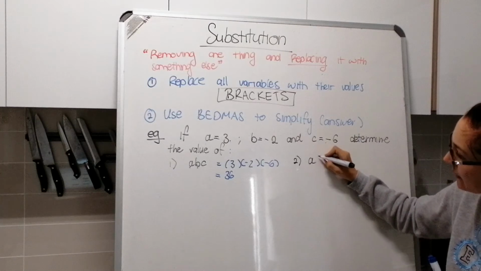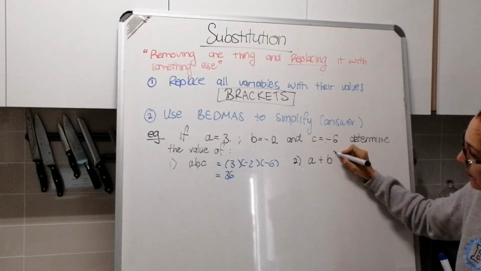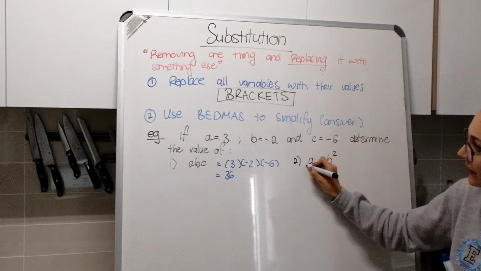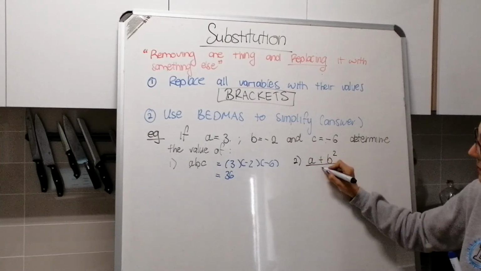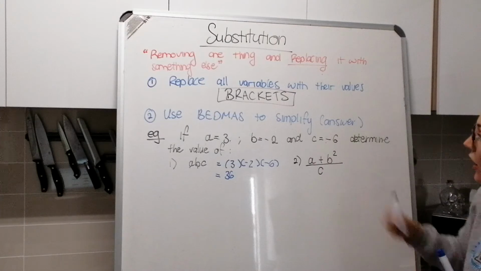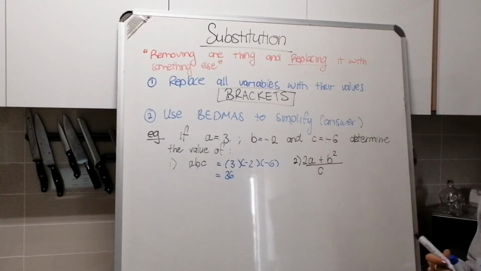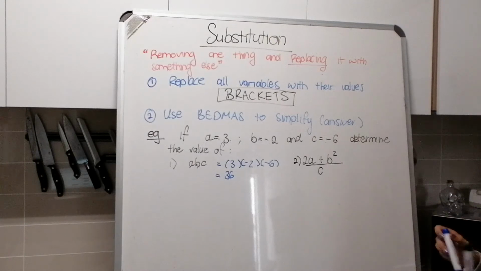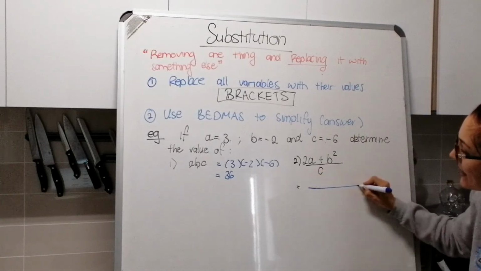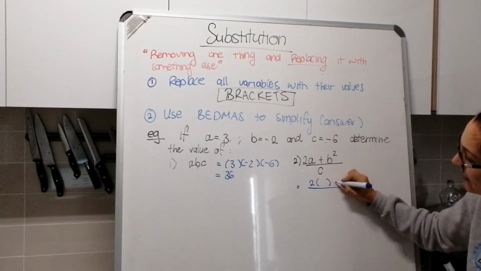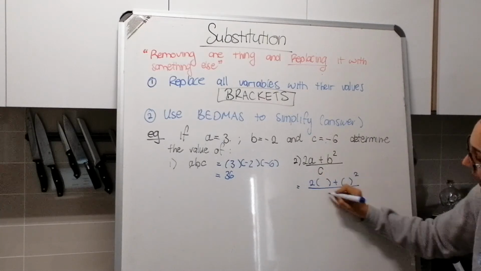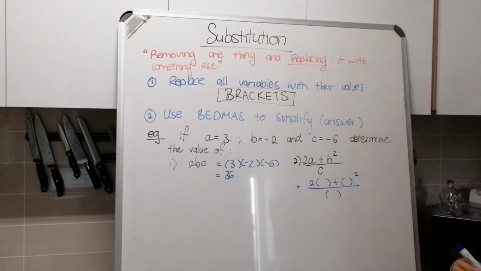Let's do A plus B squared divided by C. Oh, 6 and 9, it's not going to be a nice one. Okay, let's do 2A plus B squared divided by C. Okay, so we write out this expression exactly as it is, but instead of the letters, we're going to put brackets with that specific letter's value.